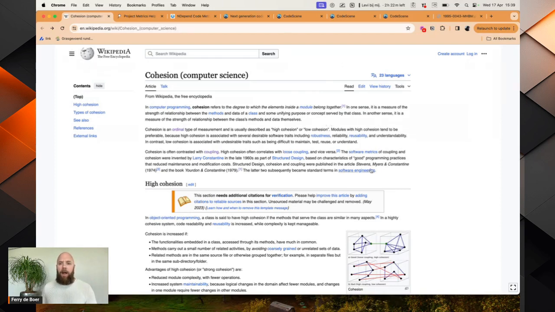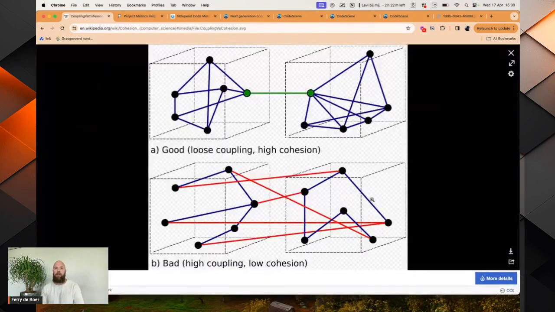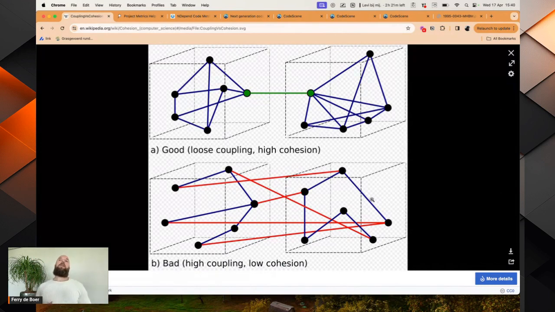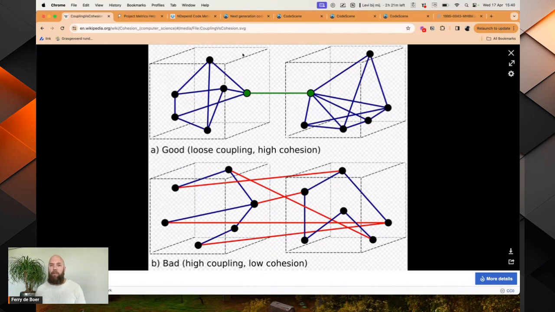So I think a picture says more than 1,000 words. Let's just look at the simple picture, which takes into account coupling, and this shows you essentially why coupling and cohesion are often mentioned together. Because what you're seeing in the blocks in the cubes is essentially a cohesive module, which is one entry point.